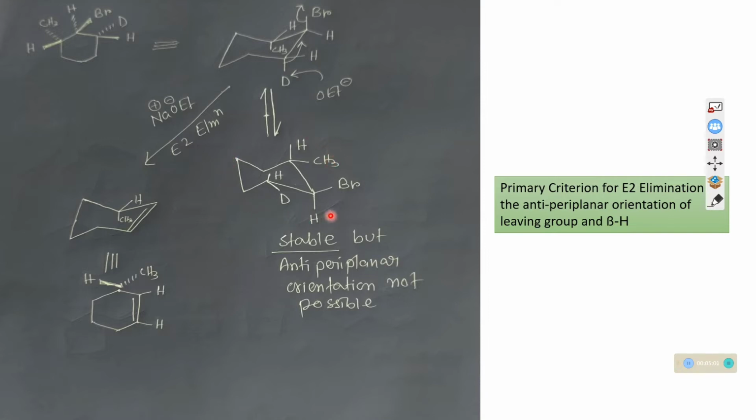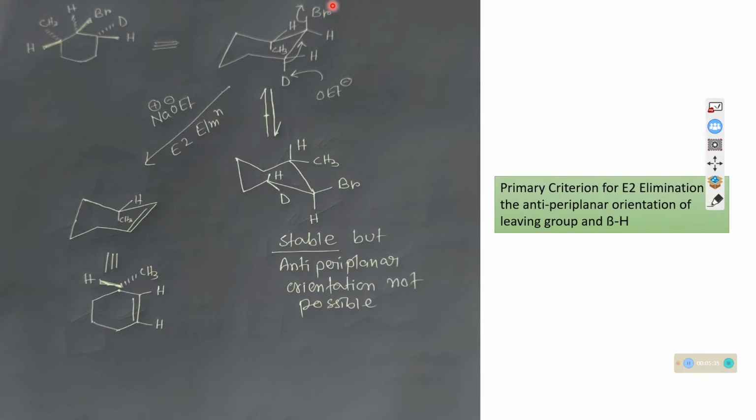This conformer is more stable than the other conformer. But see, in this conformer, this bromine group and these beta hydrogens, this leaving group and these two hydrogens, there is no favorable condition for elimination, that is anti-periplanarity.